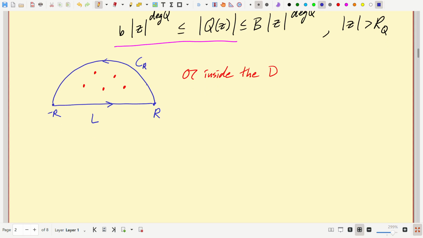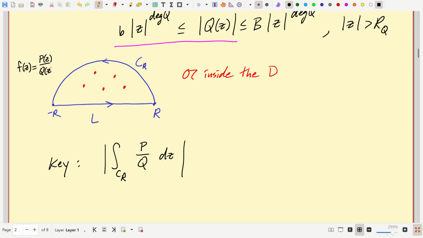And the key to the whole thing is to show that the integral around the C sub R goes to 0. And so the key is I estimate the integral around C sub R of P over Q dz. By the way, the f of z in this residue theorem is f of z equals P of z over Q of z, of course.